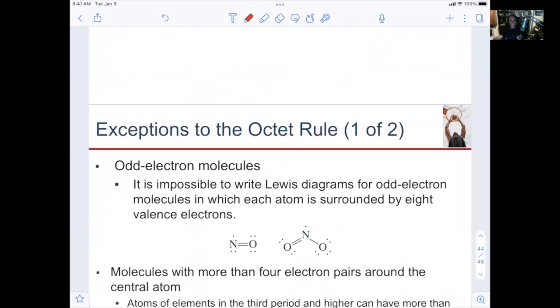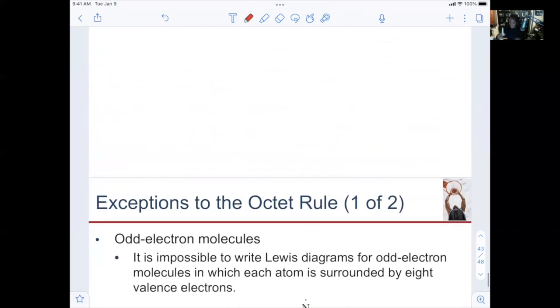Okay, so apparently there are certain elements that tend to obey the octet rule and some that don't. Remember, the octet rule is a desire to get to that octet status, right? To live that octet life. Trying to be relevant. I'm just kidding, y'all.